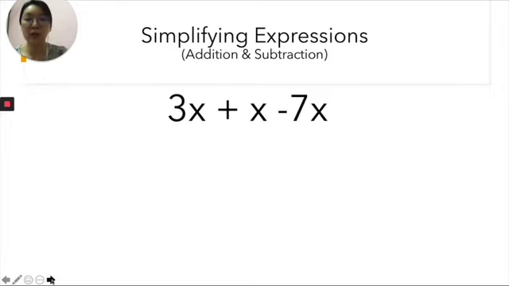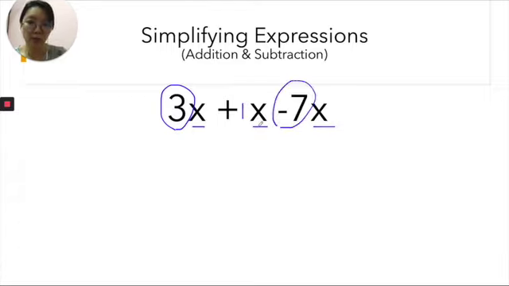So we now come to addition and subtraction together. We have 3x plus x minus 7x. Again, we look for the like terms. Check the variables. Check for the 字母 letters. Are they alike? Yes, they are like terms. So I can straight away look at the coefficient. 3. Oh, there's nothing here, so there's 1 here. And there's minus 7. So these are the 3 coefficients for 3 terms.